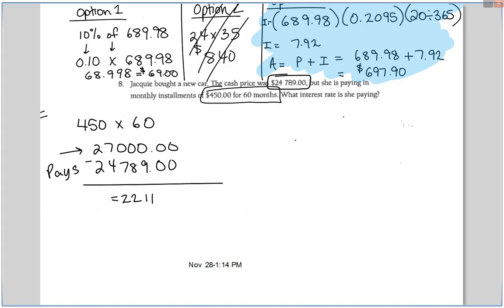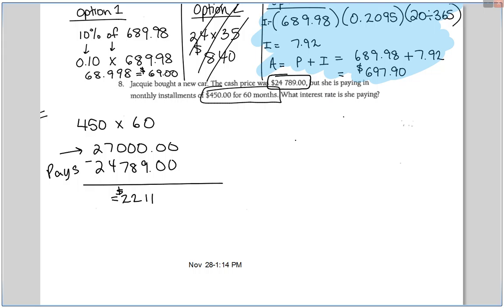This extra money, it was supposed to cost $24,789, but she actually paid $27,000. This extra $2,000 represents what? Very good, sir. What is interest? It's the price you pay to borrow. Money ain't free. That's what they say. Okay, 2211.